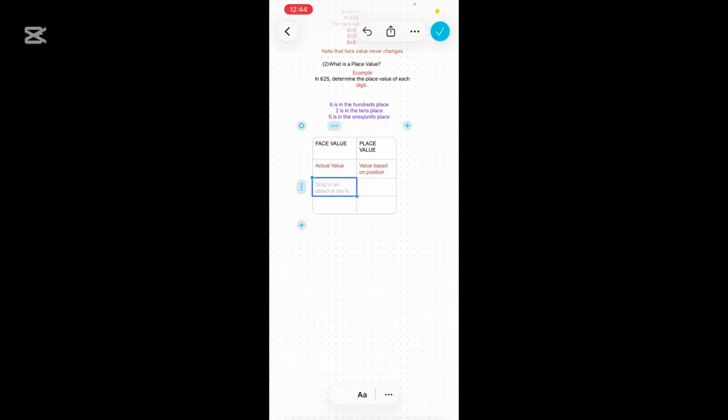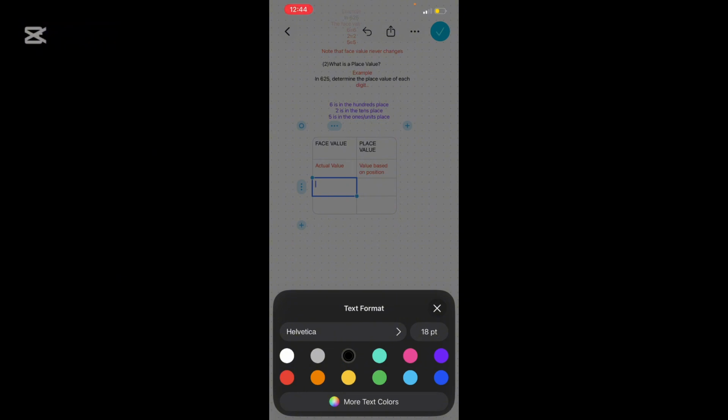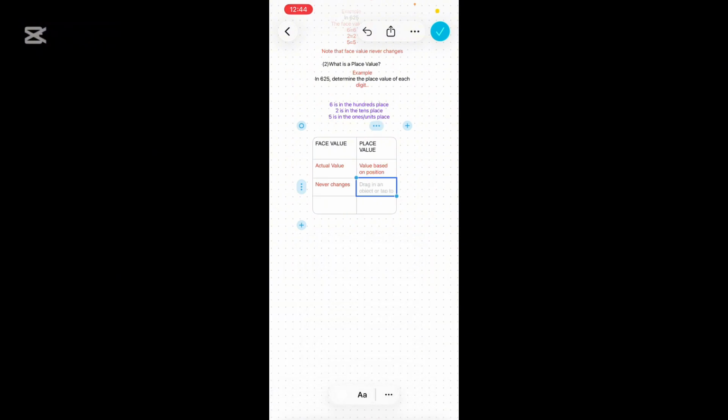The next difference: face value never changes. So the face value of every digit remains the same at all times.